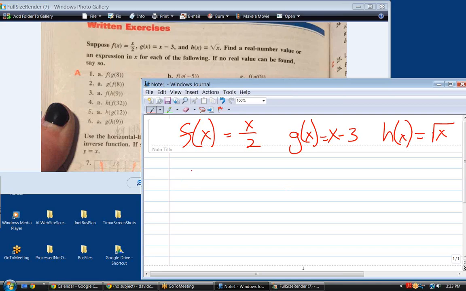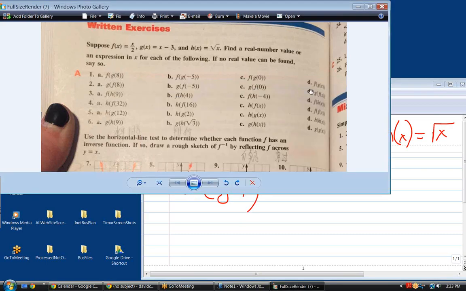All right, and they want f of g of x. Is that D? Yeah, D is f of g of x.